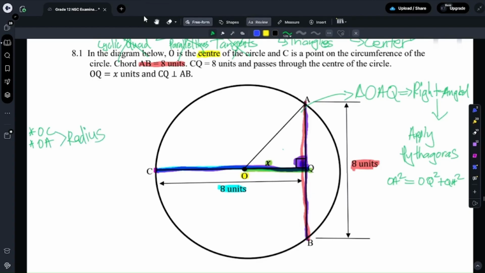You've got two of those, and also don't forget to mark them on your sketch. So you've got this and this. And what else do we know about the radius of a circle? The radii of the circle are equal. So that then means OC is equal to OA, reason being radii, right?